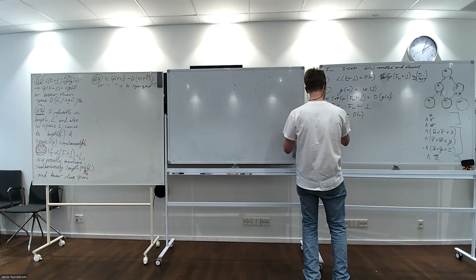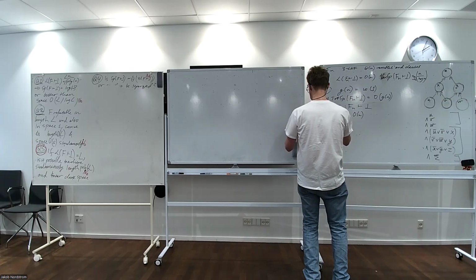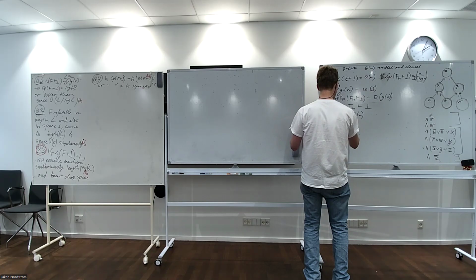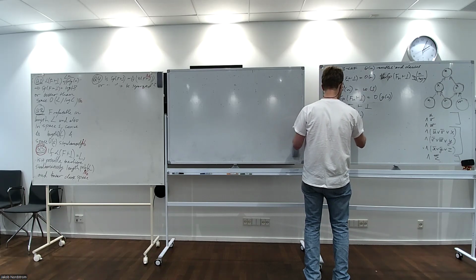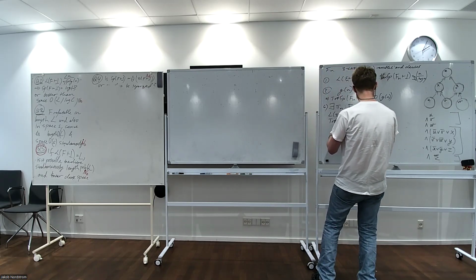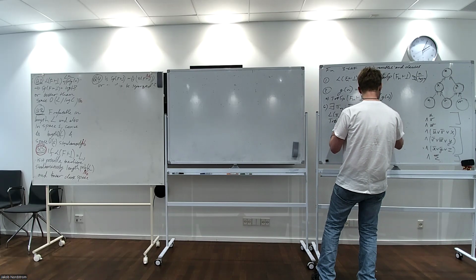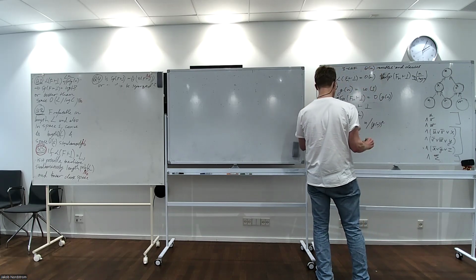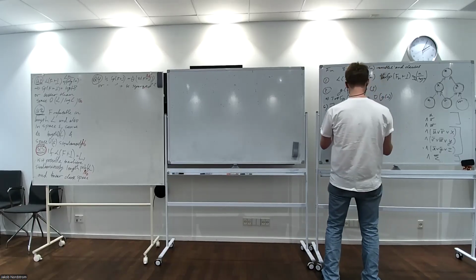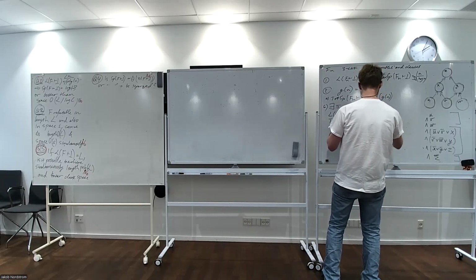The length is linear, and the total space of these particular refutations is, and now it's going to be ugly, linear over g of n squared, and let's take the third root of this.